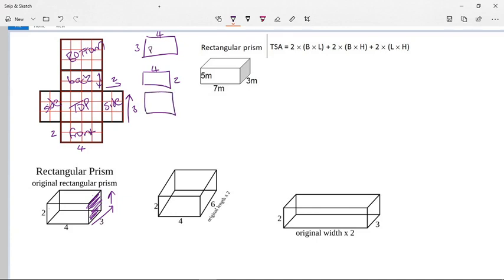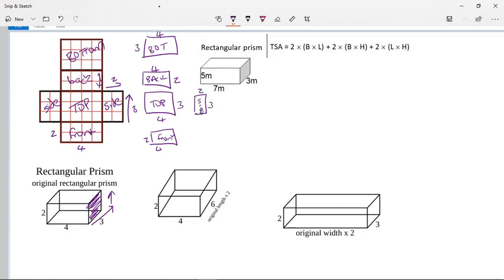So this was the bottom, this was the back, this was the top, and the top is 4 by 3, and then there's the front rectangle, which is 2 by 4. And then we've got the two sides. This is the side, and the side is 2 by 3.